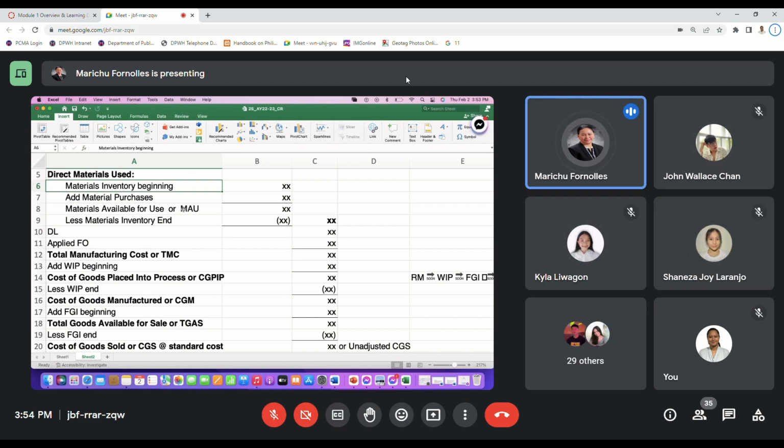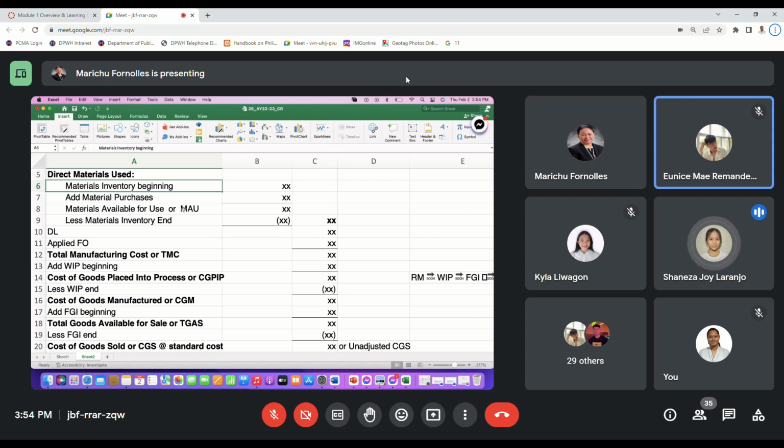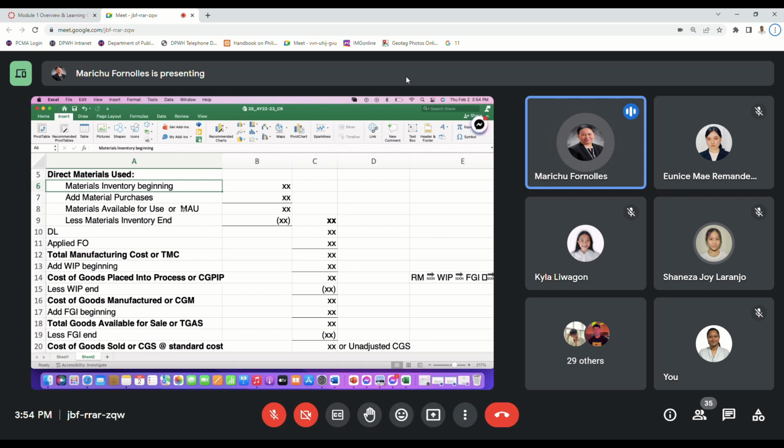Right? 40 pesos under unit cost sa balance. So multiply quantity by the unit cost, you get the total cost of your materials inventory beginning. The materials inventory on July 1 is how much? 40,000. So right on the last column, under the TC column, 40,000.